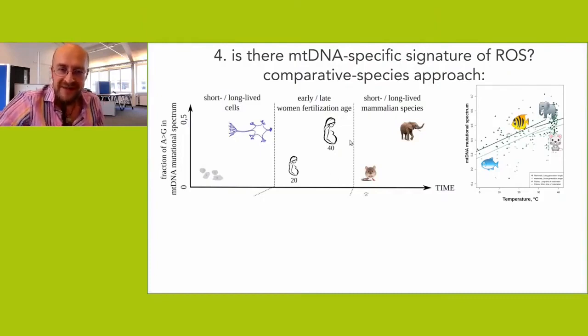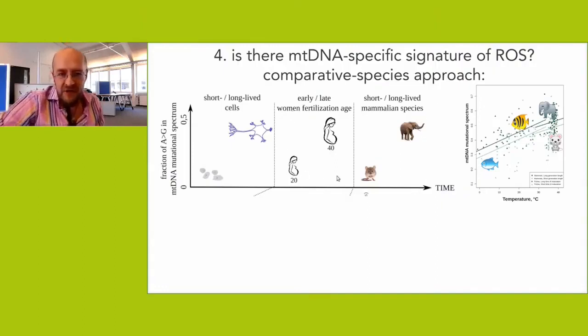So we compared de novo mitochondrial mutations from families with different maternal age at fertilization. We observed that the offspring of age-matched mothers have an excess of A to G substitution compared to offspring of young mothers, which is completely in line with the mammalian results.